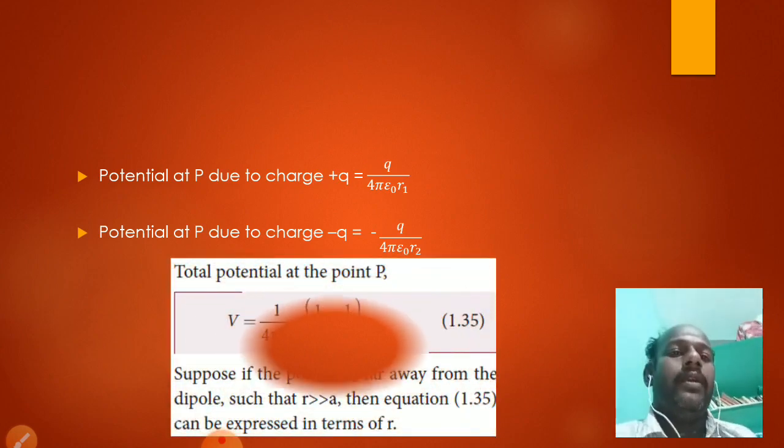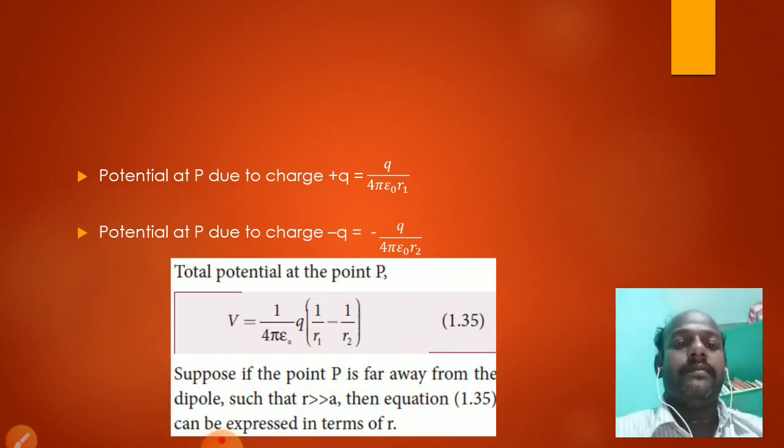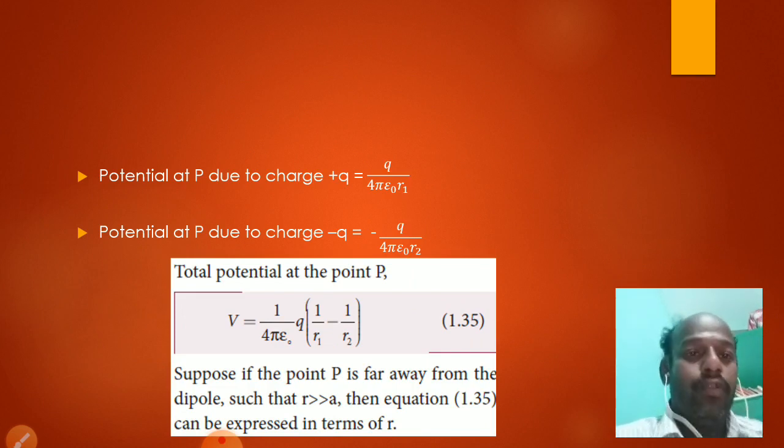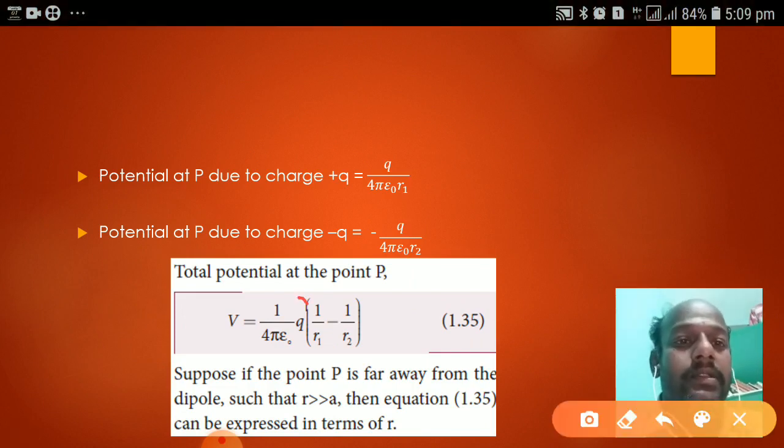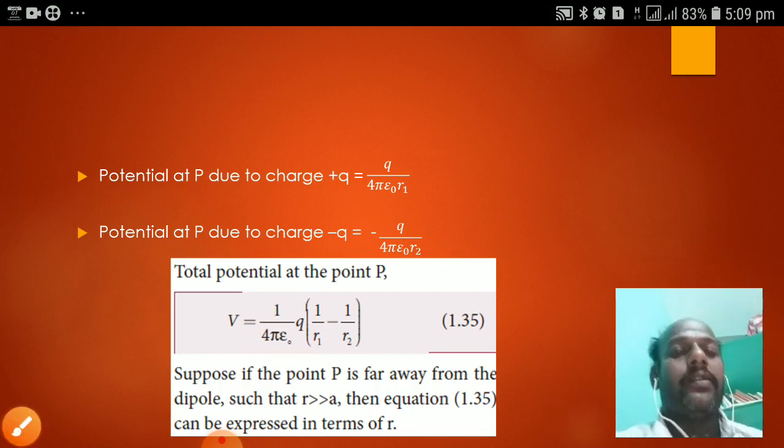So the total potential at the point P is V equal to q by 4 pi epsilon naught times 1 by r1 minus 1 by r2. Suppose the point P is far away from the dipole such that r is very much greater than a, then the equation can be expressed in terms of r.